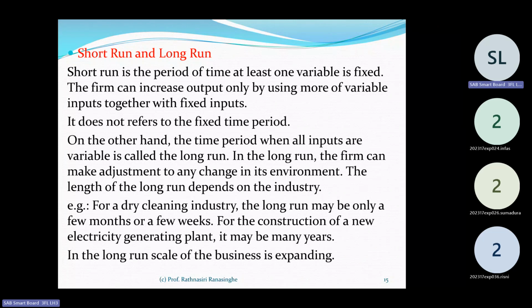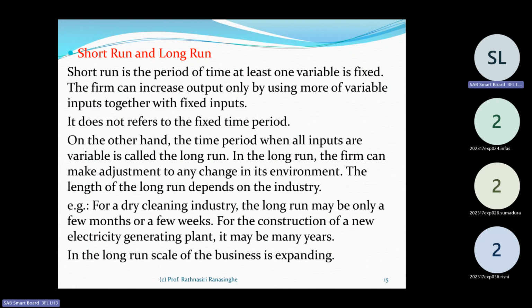So output mainly depends on the variable factor, labor. That implies the short run production decisions vary with the labor decision, hiring labor, because output depends on the labor.